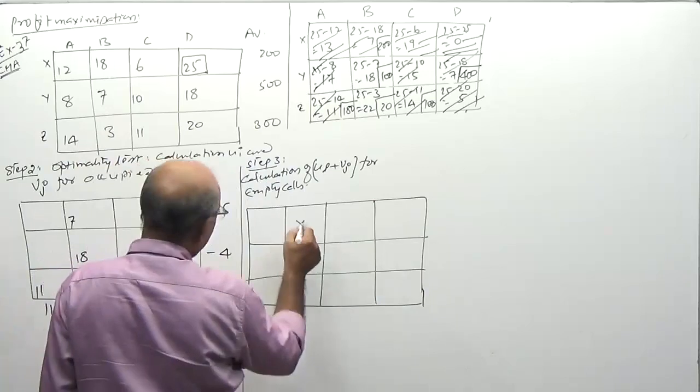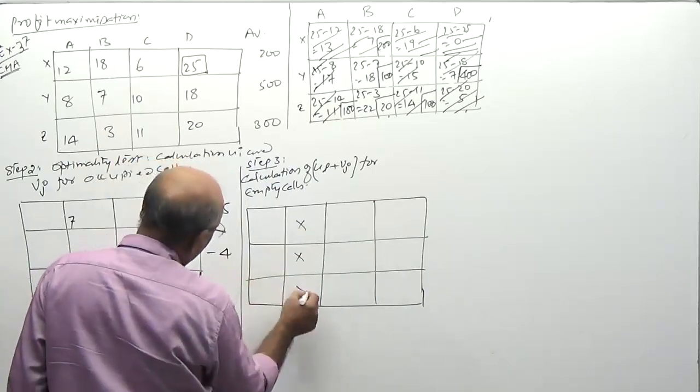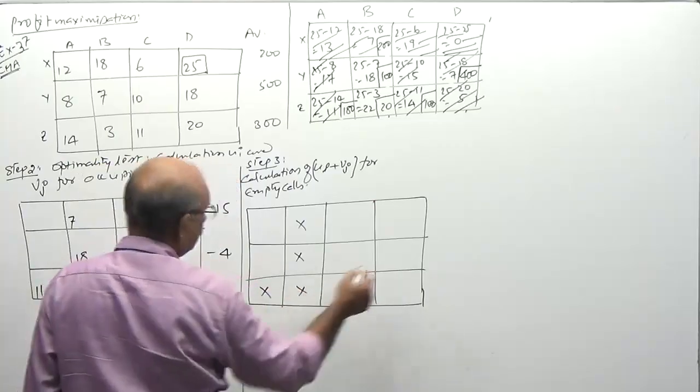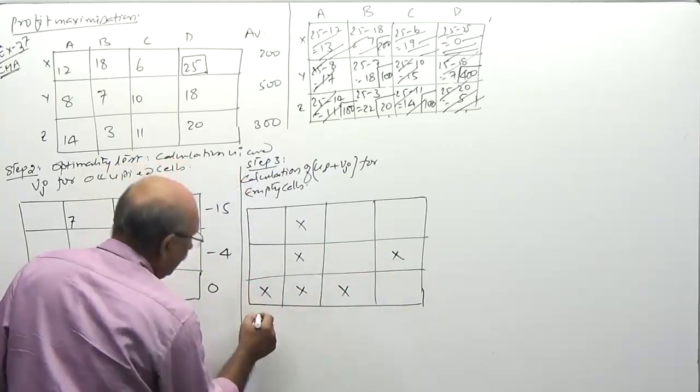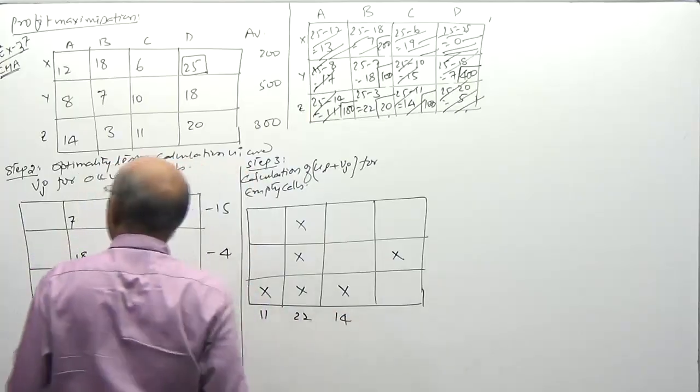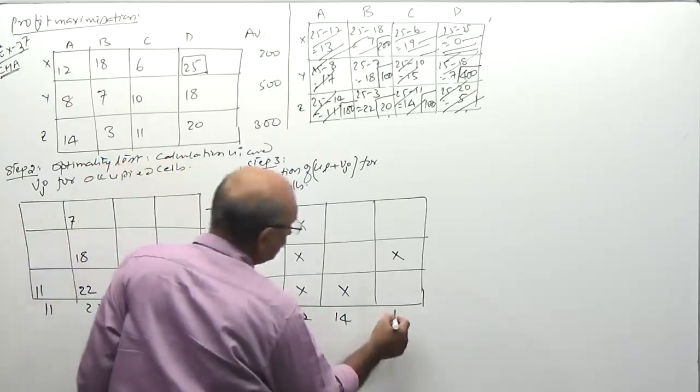Now sir, put an identification mark in the occupied cells. Write Ui and Vj values which are obtained here at step number 2.